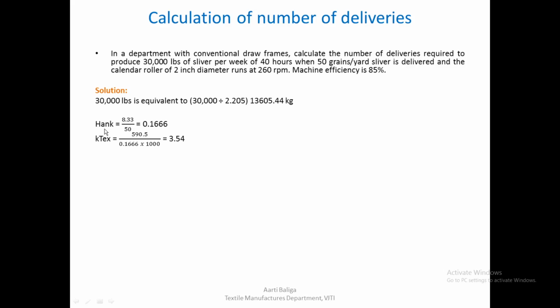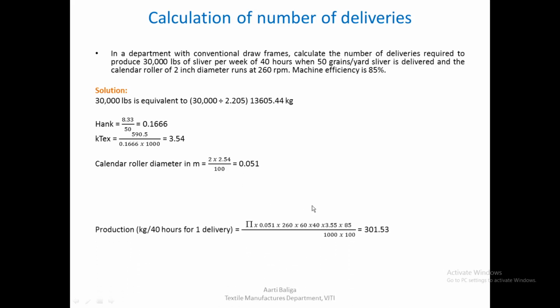Hank we get first from grains per yard, just like before, and we get Hank as 0.1666, which we can convert to kilotex easily by using 590.5 divided by Hank into 1000, which we get as 3.54. Then we also convert the calender roller diameter, given in inches, to meters by multiplying by 2.54 divided by 100.